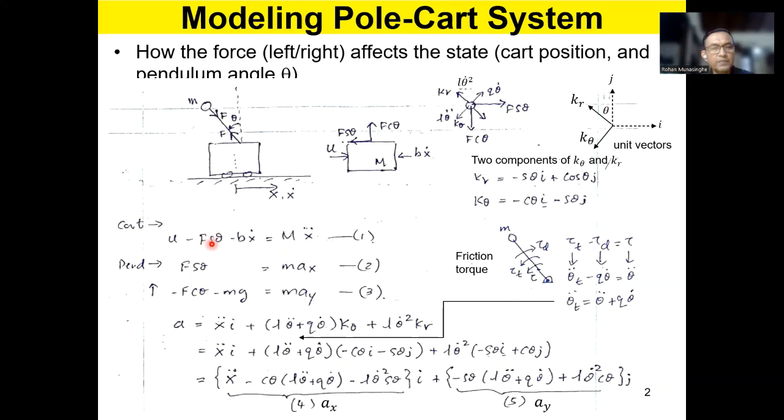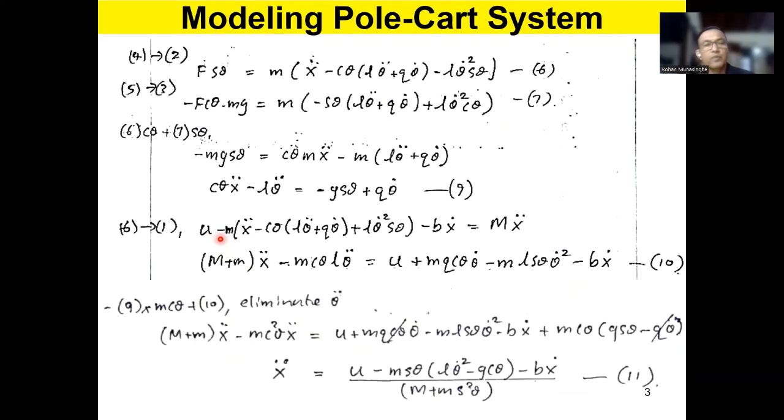So you can substitute from here: F sine theta is equal to max. Ax is over here. You take ax and put it over here with m and put it back into equation 1. Okay. So there won't be any F anymore.